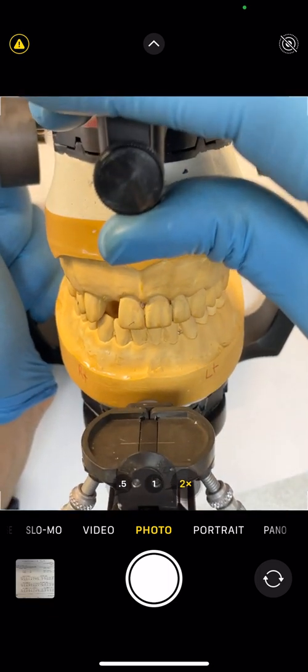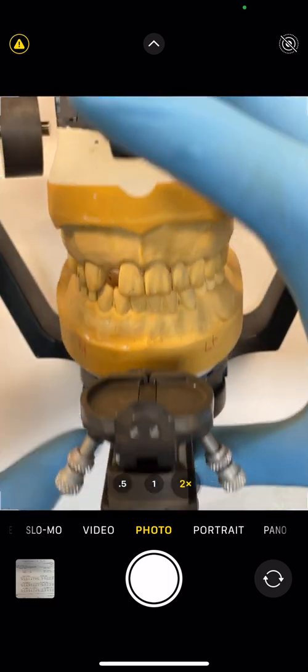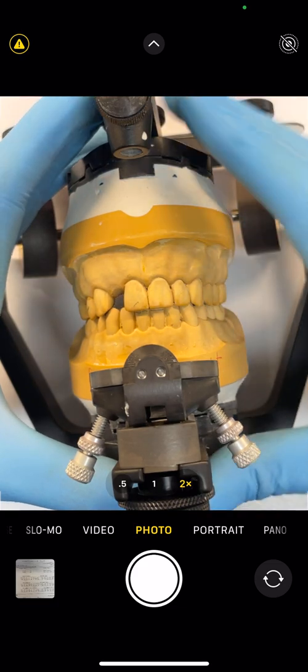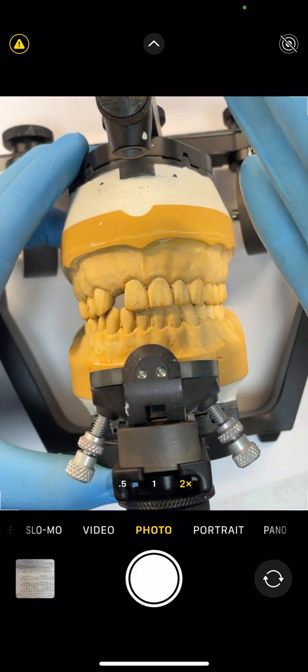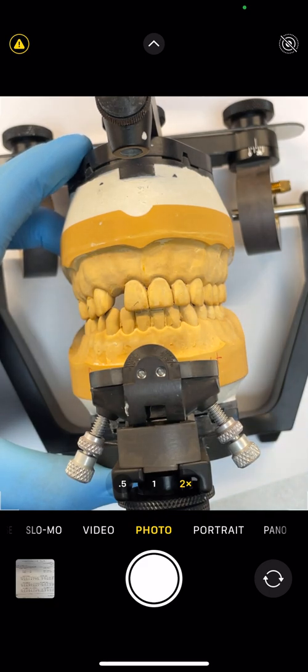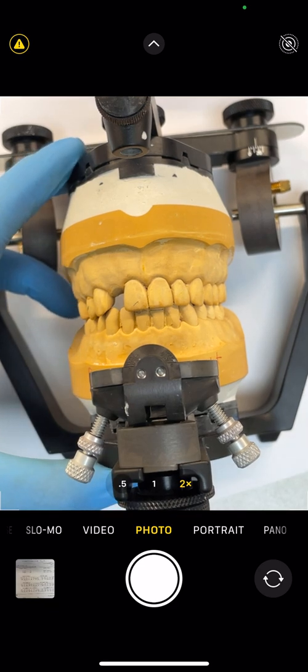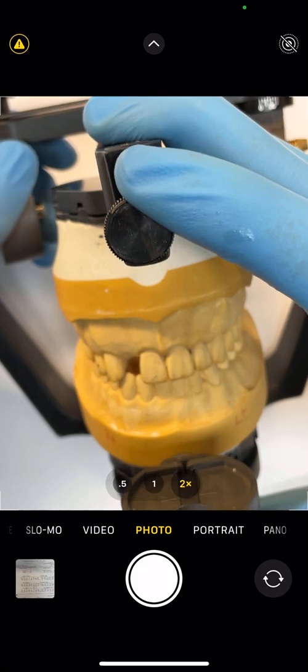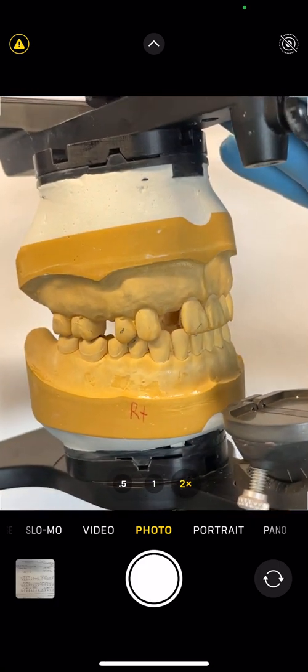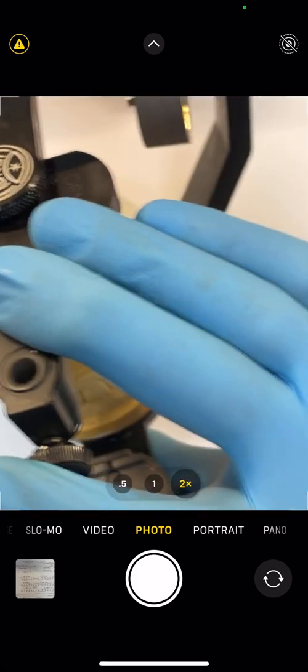You are trying to find what the contacts are in centric relation and in eccentric relation. Sometimes it's tricky to tell working and non-working contacts, but with training it will be easier and easier. I will make another video on how to do a wax up and selective grinding.